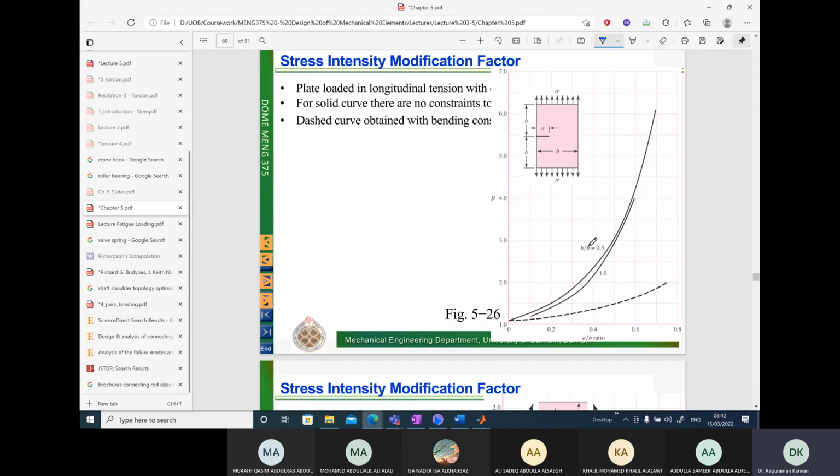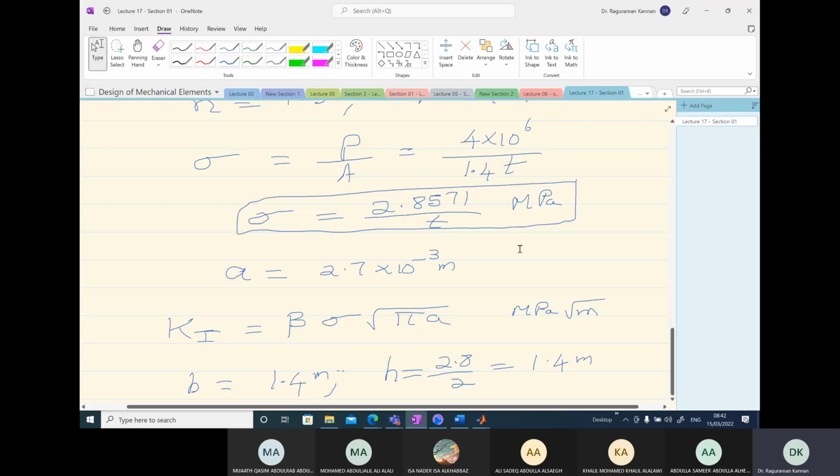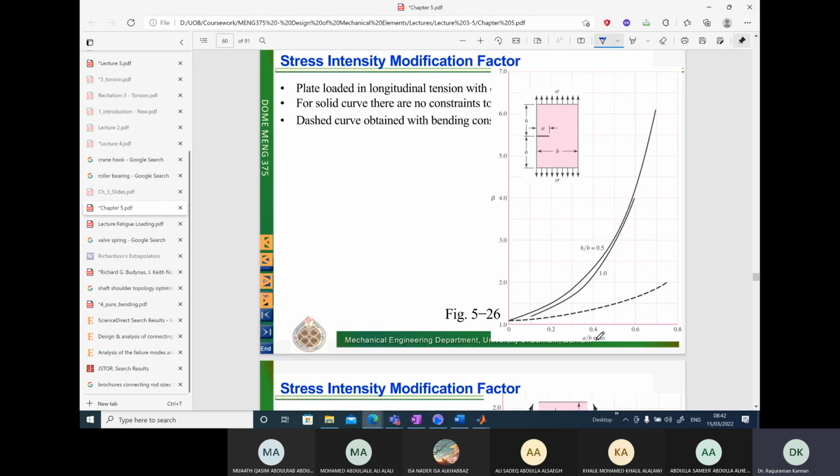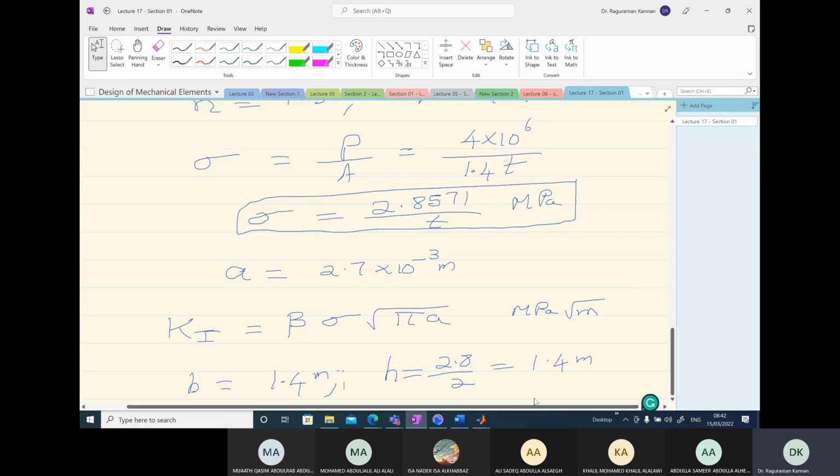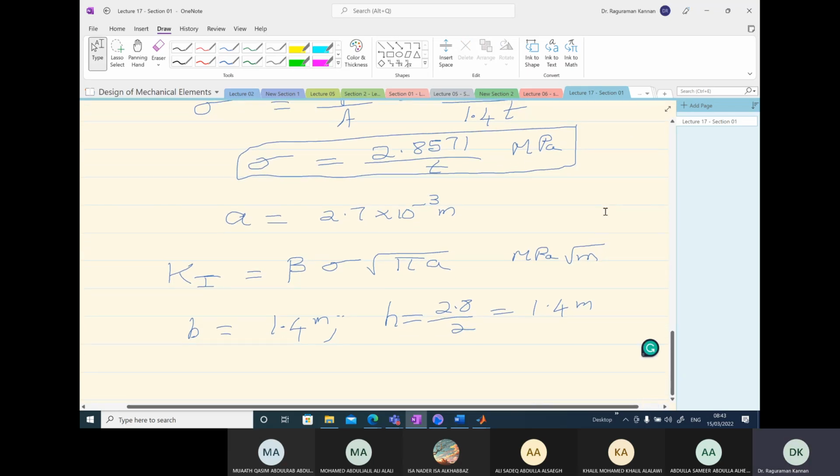Now, what are the other values? The a size we already know, 2.7 times 10 power minus 3 meters. Get the ratio a over B. a is 2.7 times 10 power minus 3. B is a pretty large value, 1.4. We can assume it is very near 0. Whatever the value, the ratio a over B is definitely going to be extremely small. Okay, very, very small value.